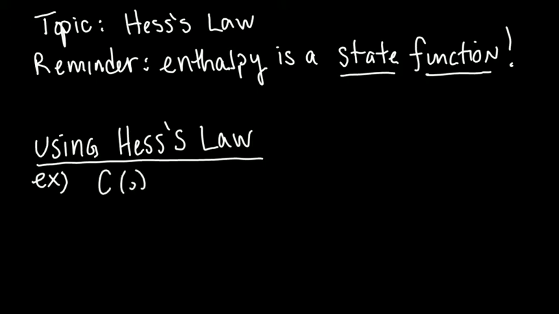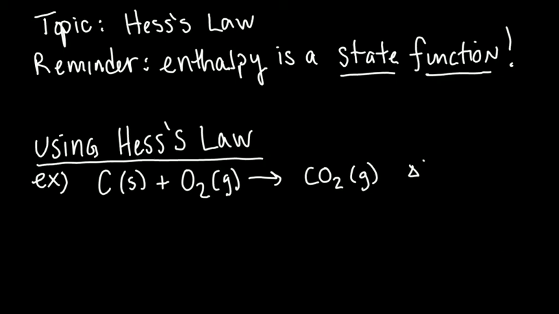We have solid carbon plus oxygen gas going to carbon dioxide gas. The delta H for that reaction is negative 393.5 kilojoules. This would be given to you in a Hess's law problem.